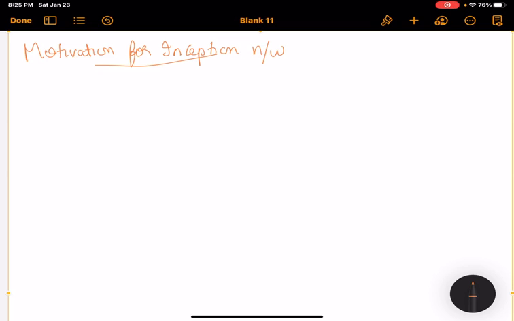If so, which kernel size I have to choose, whether to go with a 1x1 or a 3x3 or a 5x5 kernel size, or do I just have to perform a pooling operation in that layer? So what the Inception module does is, it says, let us do all these things and finally concatenate our result.